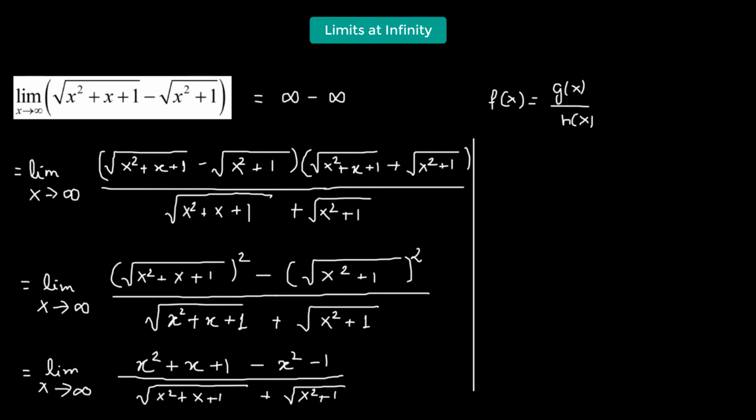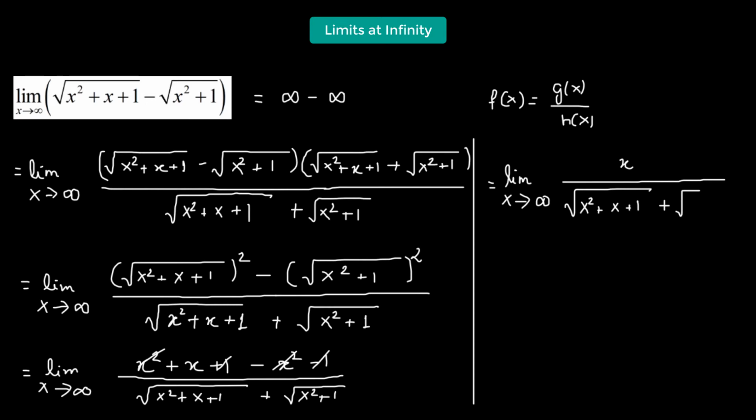So that gives us x in the numerator, because the x squared and negative x squared get cancelled out, and so do 1 and negative 1, leaving us with x in the numerator. So we have limit x going to infinity of x in the numerator divided by the square root of x squared plus x plus 1 plus the square root of x squared plus 1.